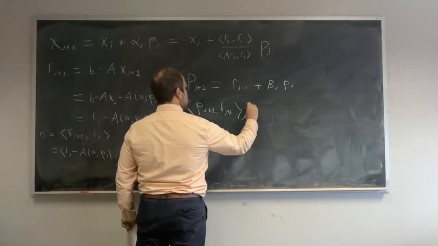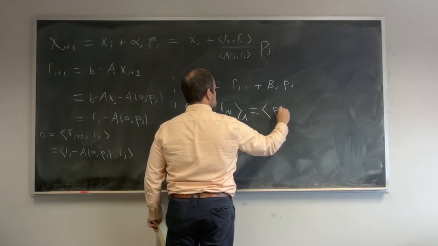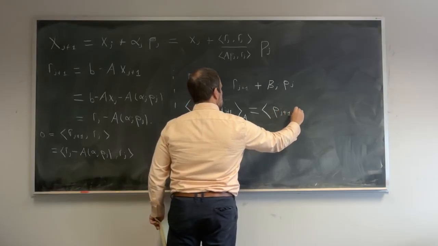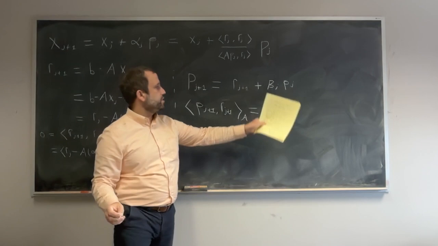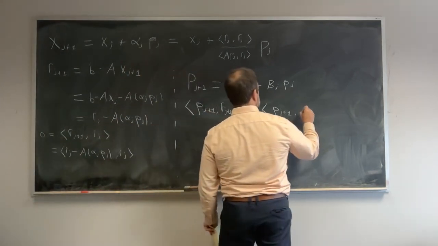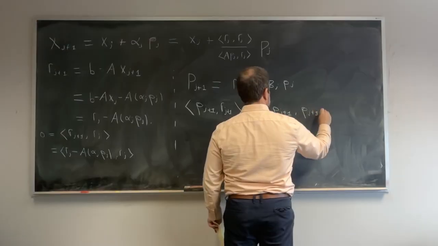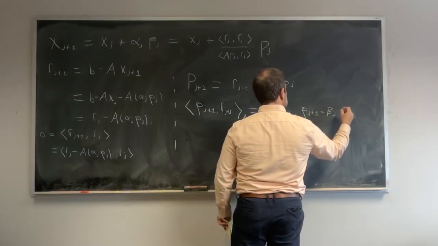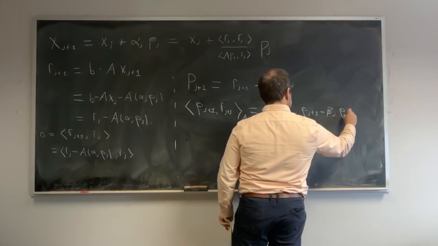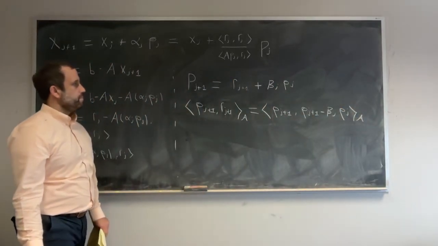So this is going to be p_{j+1}, and then r_{j+1} is p_{j+1} minus beta_j p_j, and this is in the A inner product.